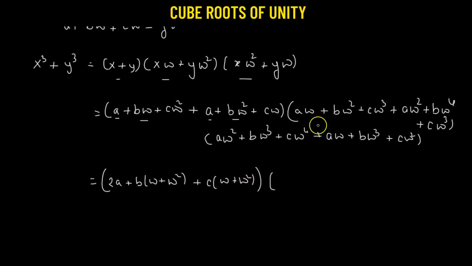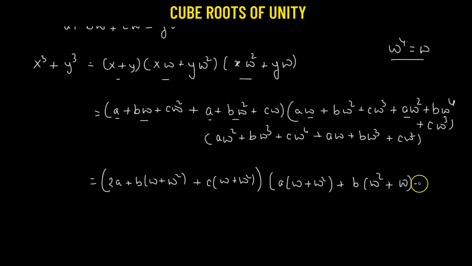Coming to the second factor, we have a omega plus a omega squared, so we'll take a as the common factor, a multiplied by omega plus omega squared, plus b times (b omega squared plus b omega raised to the power of 4), but this will be omega squared plus omega raised to the power of 4, which equals omega, plus c omega cubed and c omega cubed. Since omega cubed equals 1, this will be 2c.